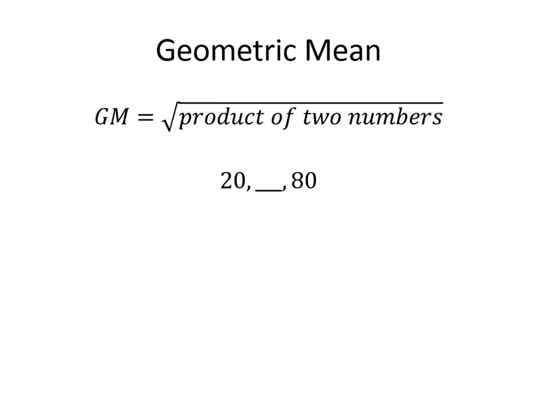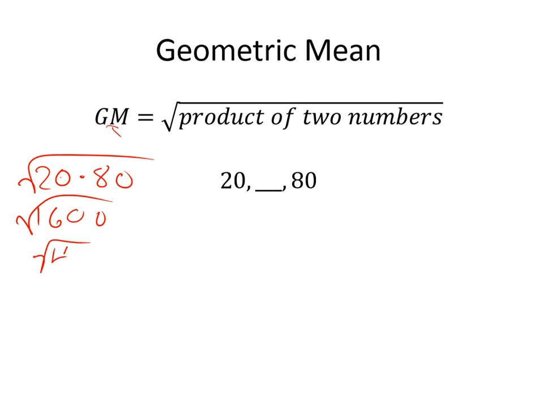So here's our sequence. We've got 20, some number, and then 80. We're going to do the geometric mean. So we go 20 times 80, and then take the square root of it. 20 times 80 is 1600, square root. That gets us 40. So this number would be 40 by taking the geometric mean.